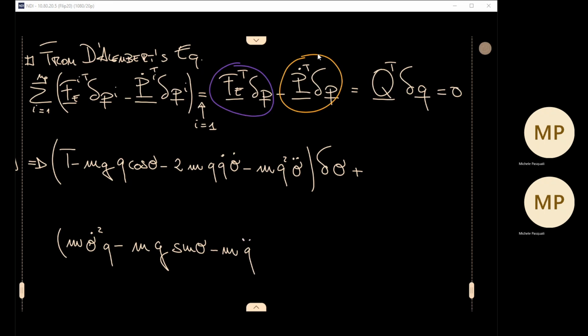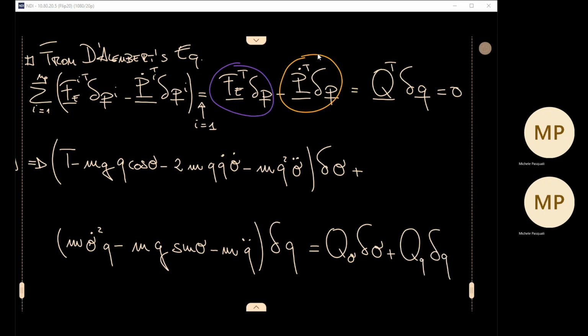All of this multiplying the delta q, and this has to be equal to 0. And this, in fact, is equal to q theta times delta theta, plus capital Q times delta q. Okay, so this is this, basically, written in component form.